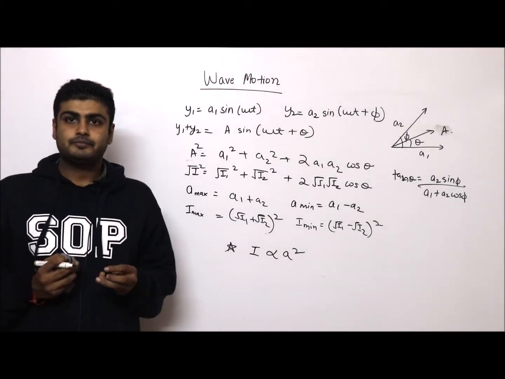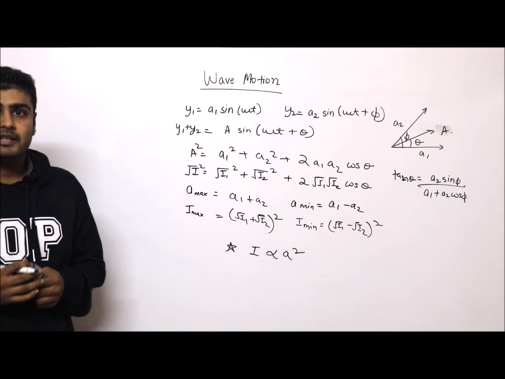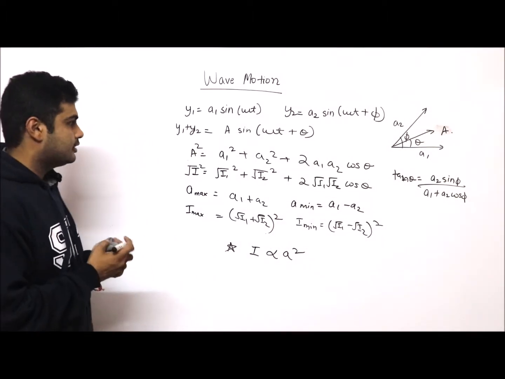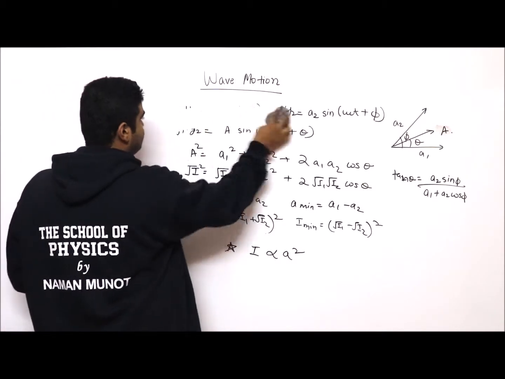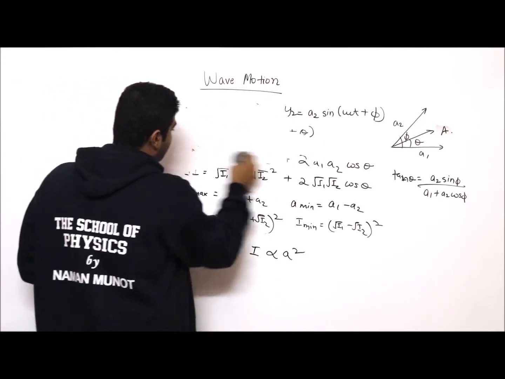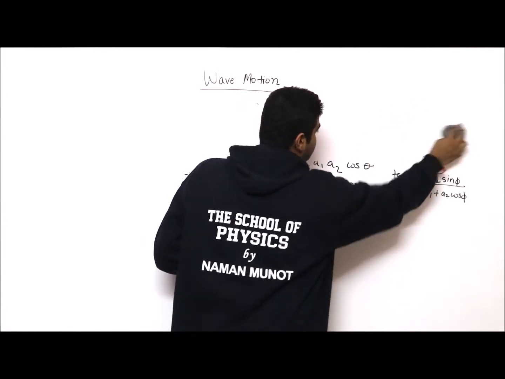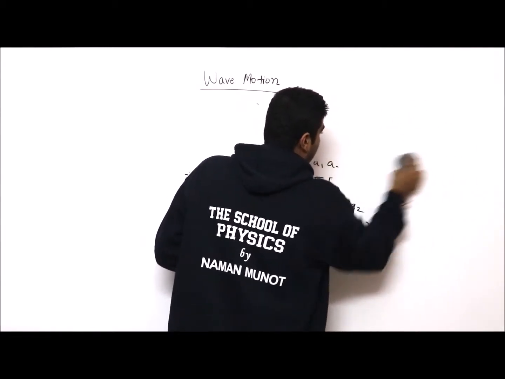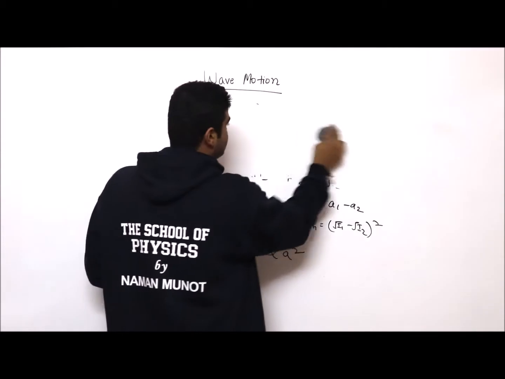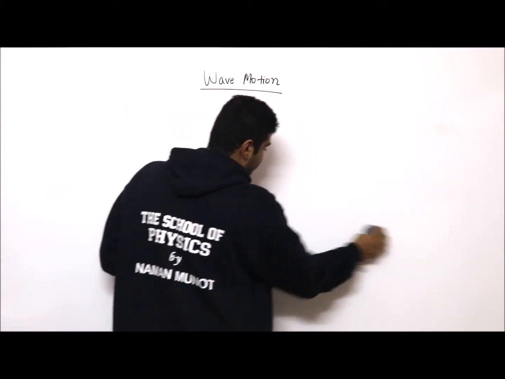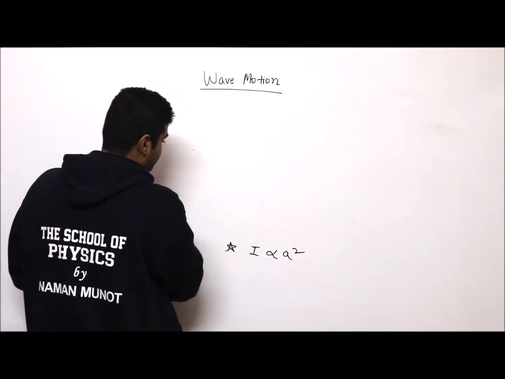And now we study the condition of transmission and reflection. What is asked in transmission and reflection is what is the amplitude that is reflected and what is the amplitude that is transmitted.